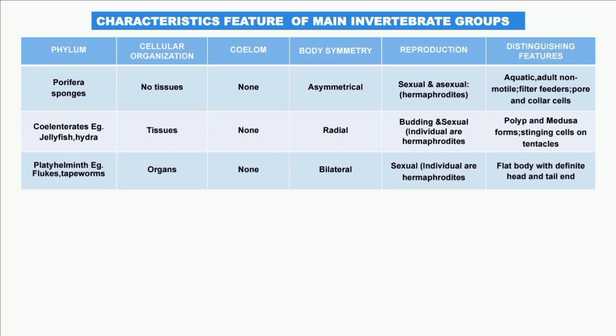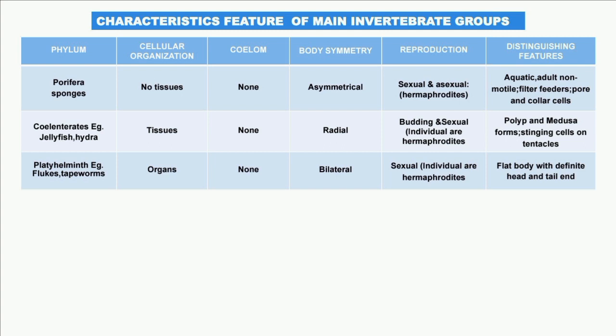Distinguishable features: they have a flat body with a head at one end and a tail at the other. Most of them are ecto- or endoparasites. Some live as predators or scavengers, for example planarians. They are acoelomate, which means no true body cavity, and they are bilaterally symmetrical.